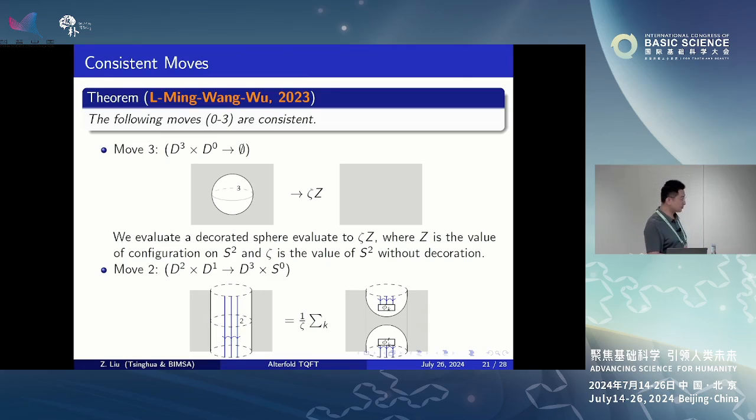So we want to ensure this is an equality for any possible dual structure. So this is essentially using a double dual. For this one, we can take the inner product with this kind of dual picture. And on the left side, we will get the value of a sphere. So that means we use a double dual to define this relation. And we only need the inner product to introduce this relation. So that's the magic of this non-degenerate inner product from this function z.